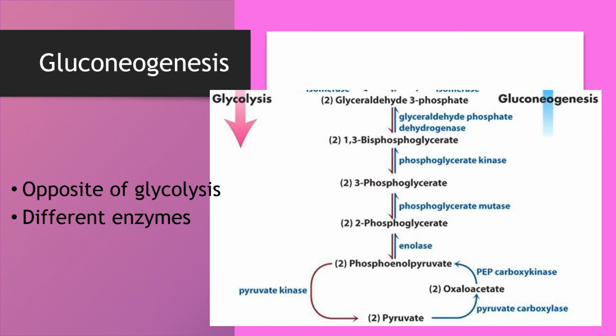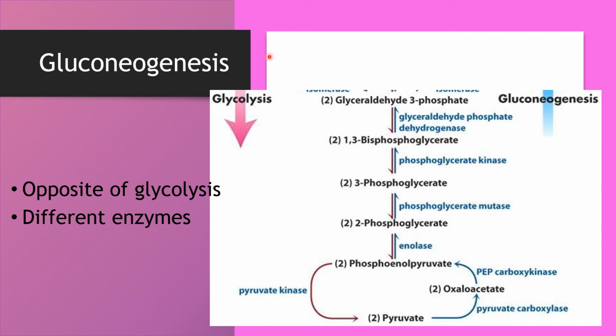So looking at this diagram, I've cut it off about halfway so I can enlarge the words so that we can see what's going on here. And notice on the left side over here, this is glycolysis going down, and like I said, it got cut off purposely so we can see glycolysis.